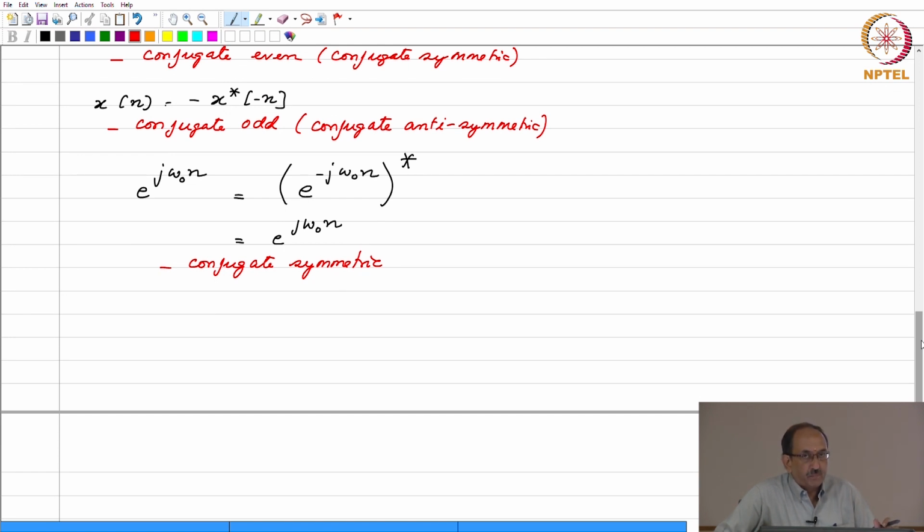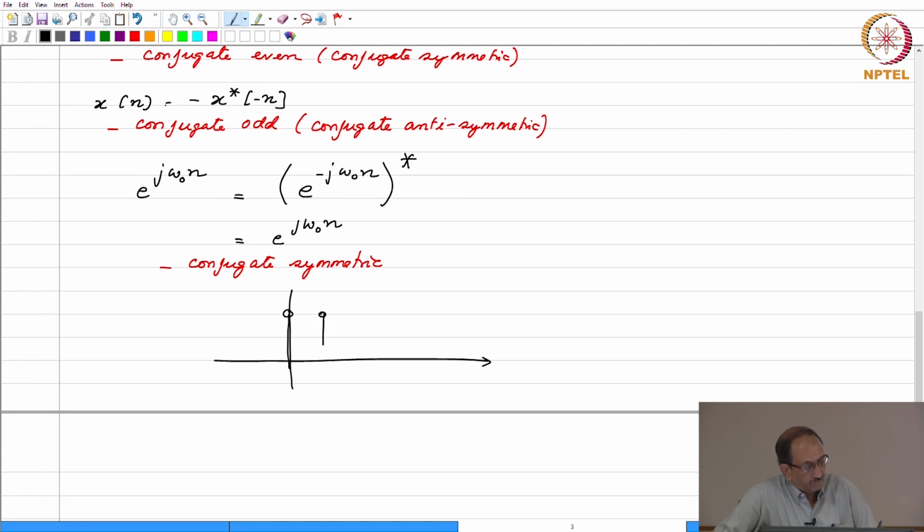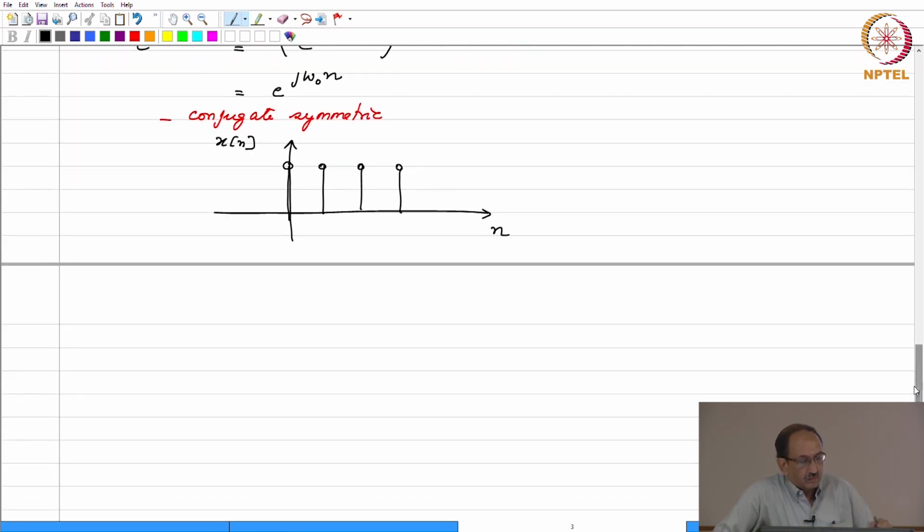Let me take a simple example that is familiar to you and then point out a difference that you need to pay attention to when it comes to continuous time versus discrete time. Let us consider x of n to be this signal, so this is my given x of n, with samples at 0, 1, 2, 3.